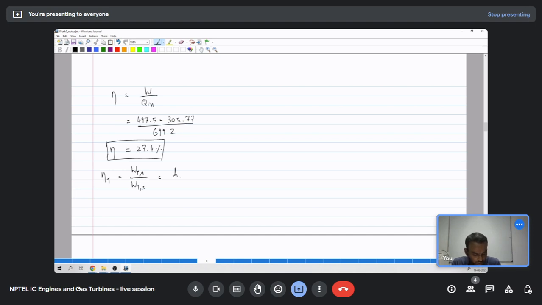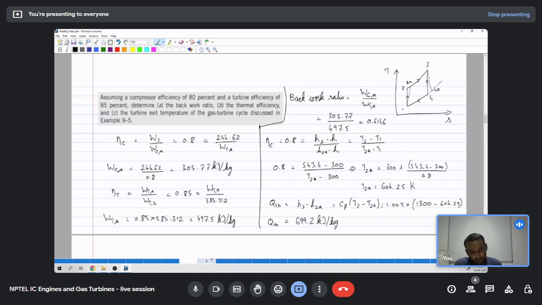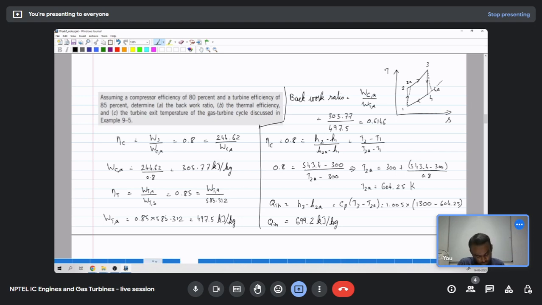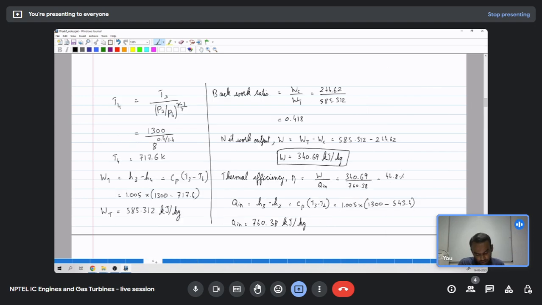Here that is H3 minus H4A divided by H3 minus H4S, and the turbine efficiency is given as 0.85. This again we can convert to temperature: T3 minus T4A divided by T3 minus T4S. T4S we have already calculated, and T3 is also known. T3 is 1300.